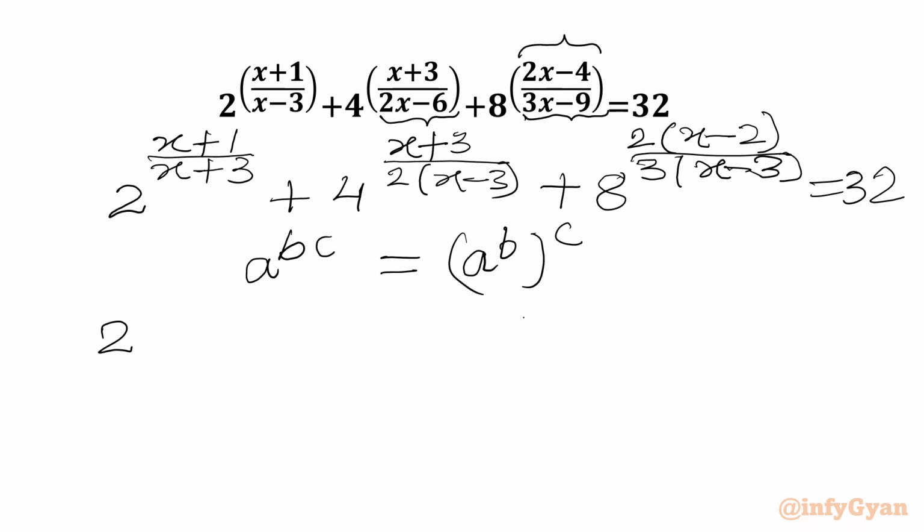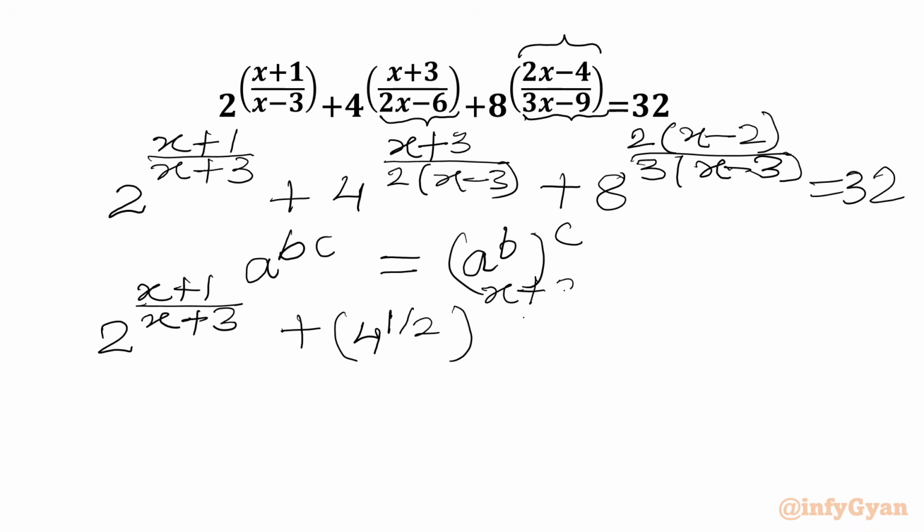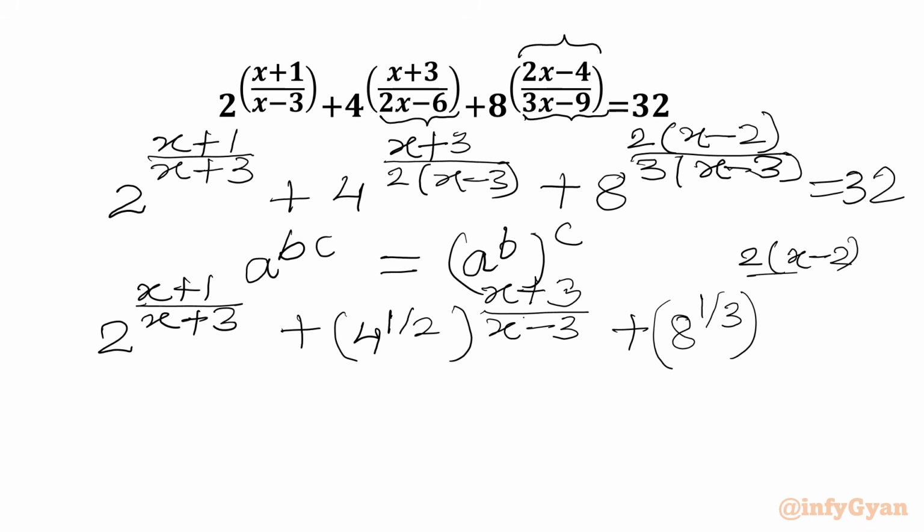So the equation will become 2 power (x+1)/(x+3) plus 4 power half, whole power (x+3)/(x-3), plus 8 power 1/3, whole power 2 times (x-2)/(x-3), equal to 32.